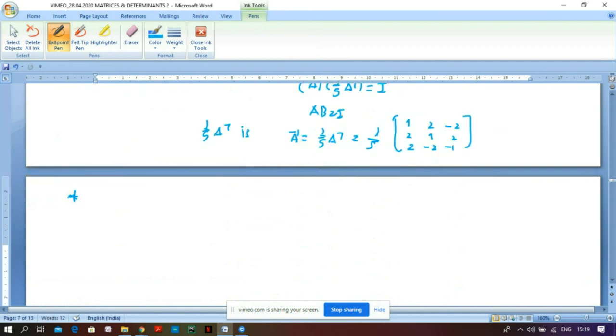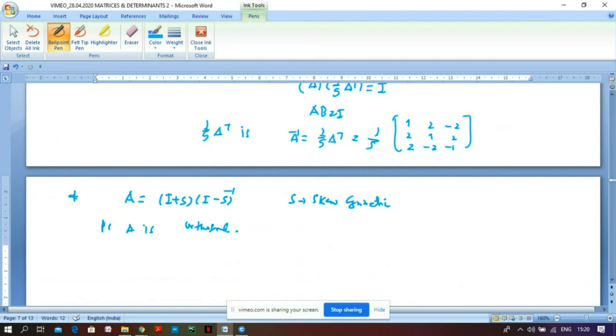Next, we do one problem which makes use of the symmetric or skew symmetric property. So a matrix A has been defined by setting A equal to I plus S times I minus S inverse, where S is skew symmetric, and we have to prove that A is orthogonal.